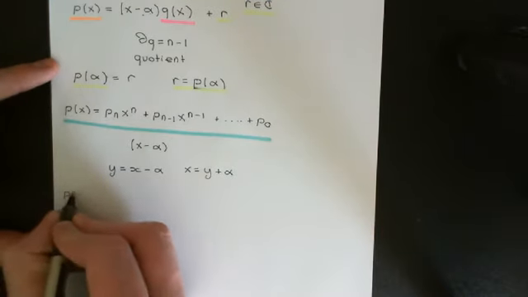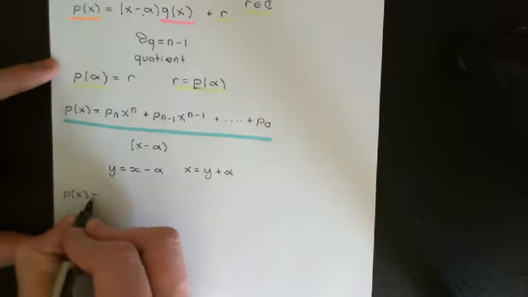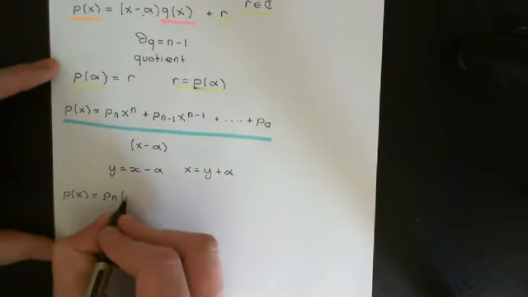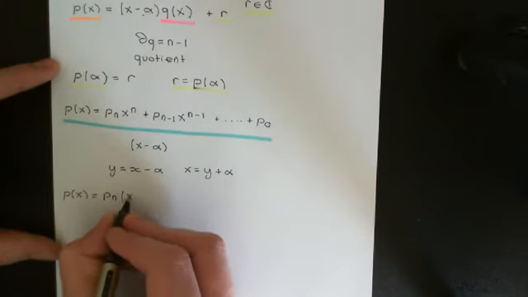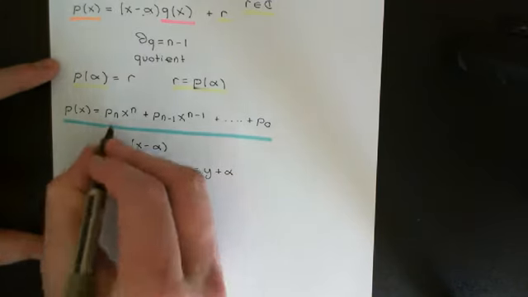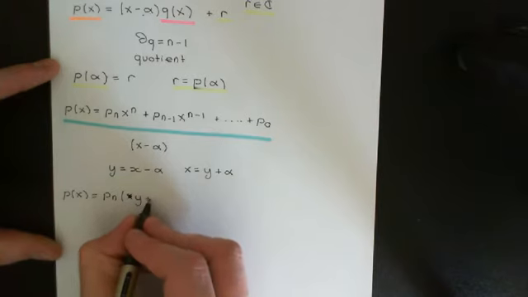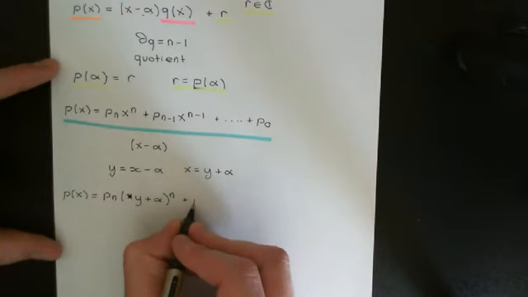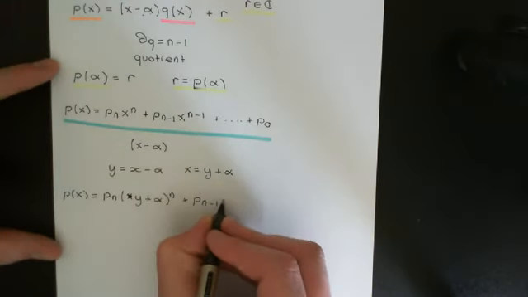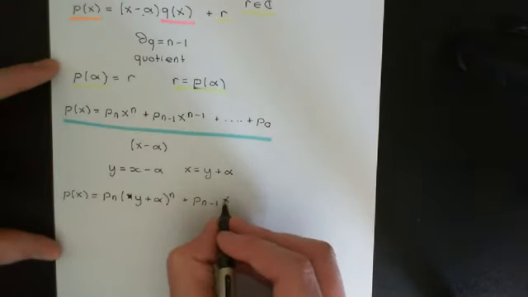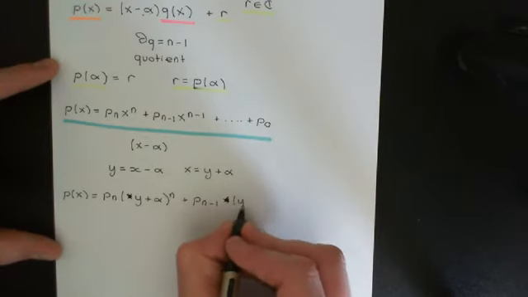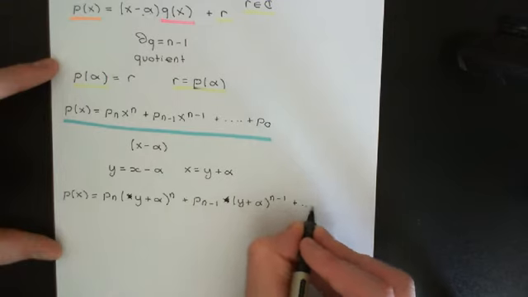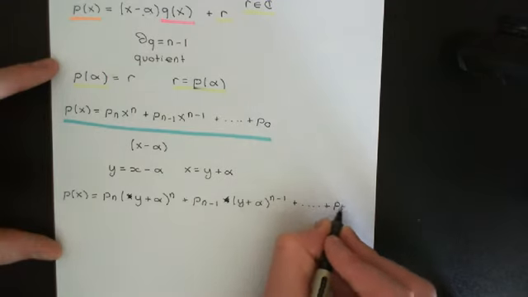Right, so just temporarily what I'm going to do is substitute in x is equal to y plus alpha. So I'll get pn times y plus alpha to the power of n, plus pn minus 1 times y plus alpha to the power of n minus 1, and then we'll go all the way down to plus p naught, like so.